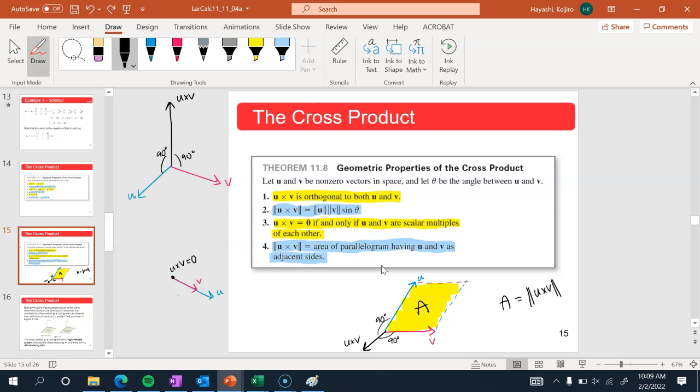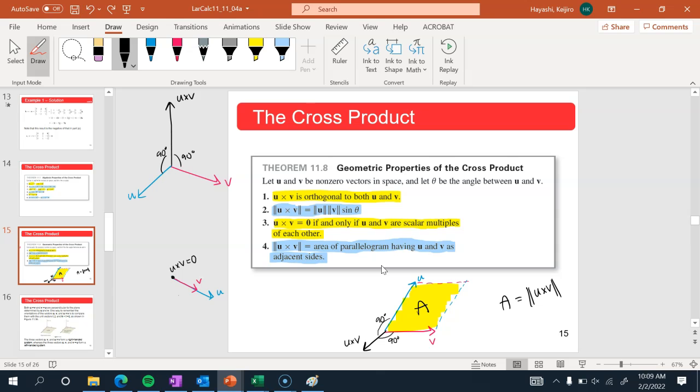And you can derive the fact that this gives the area of the parallelogram from the formula for the area of a parallelogram, which is just base times height.